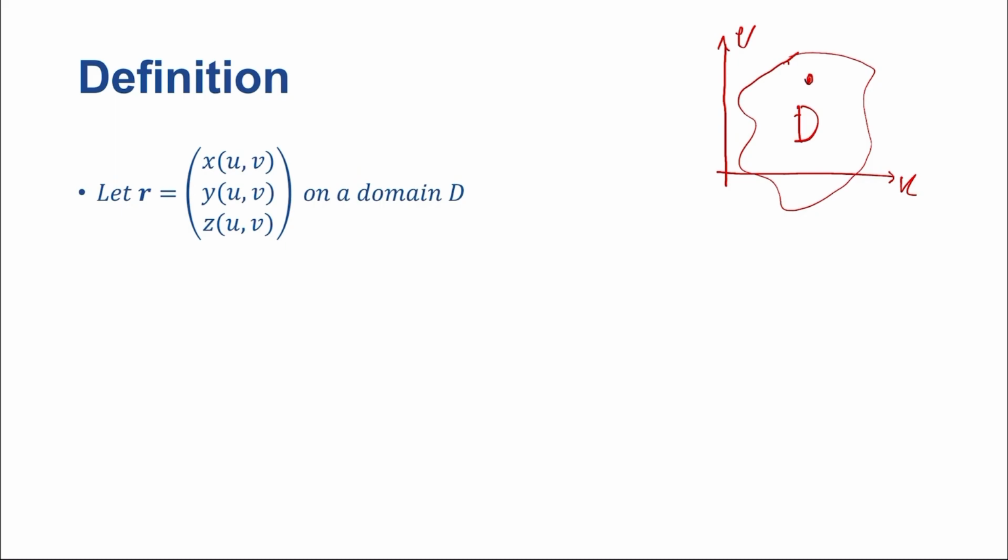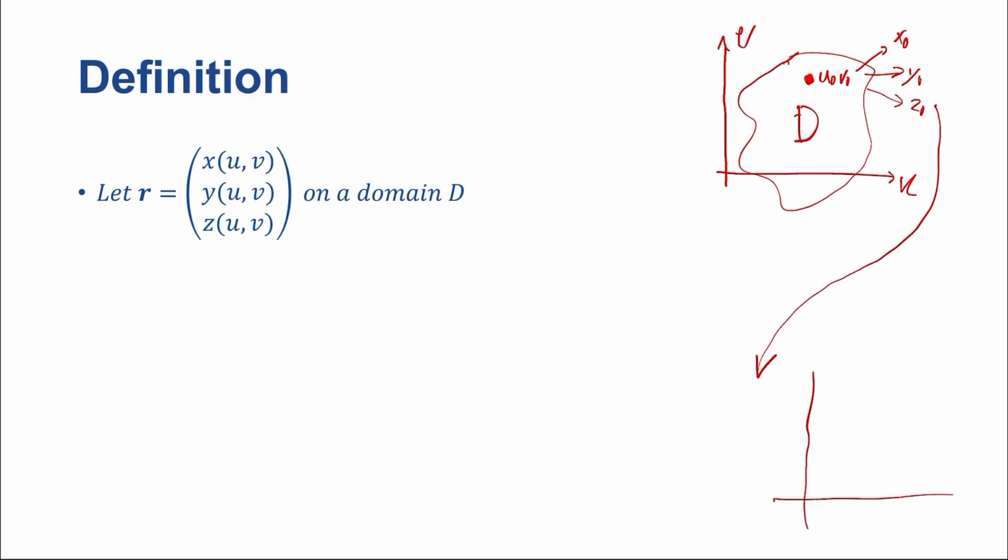At this point u naught, v naught, the x function takes me to an x naught, the y function takes me to a y naught, and the z function takes me to a z naught. I then project this onto the 3D coordinate space. So here's my x naught, my y naught, my z naught, and I get a point x naught, y naught, z naught. And this is my vector r naught.